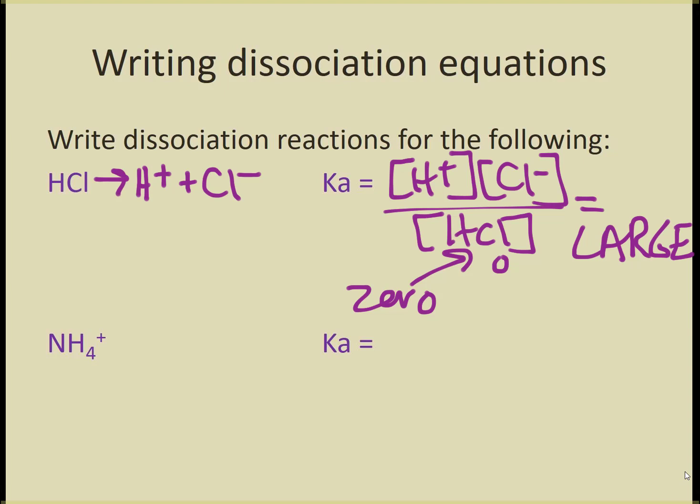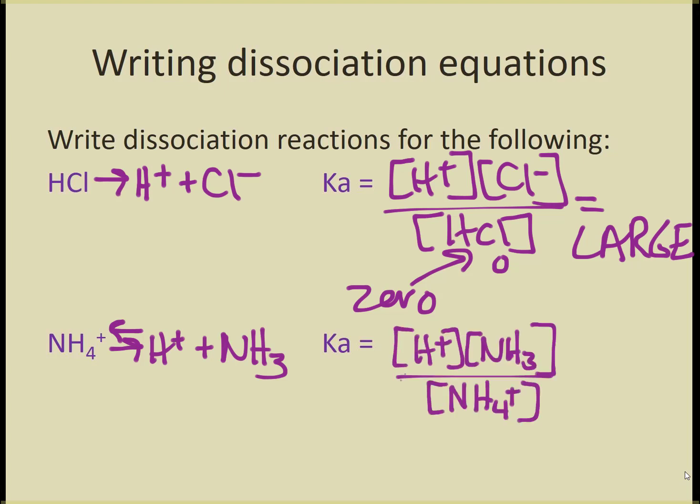If we have weak acids, then these acid dissociation constants are important because they help us to show how much is dissociating, and they help us figure out the pH and the pOH and things like that. So in this weak acid, I just take off a hydrogen, and it is at equilibrium, so I would need that backward arrow. And then we just have products divided by reactants.